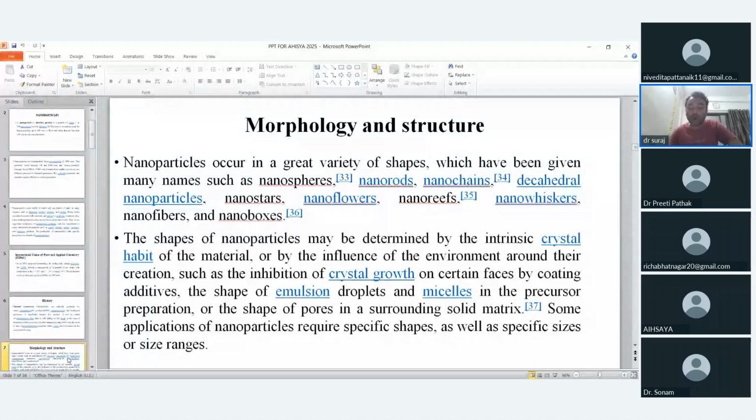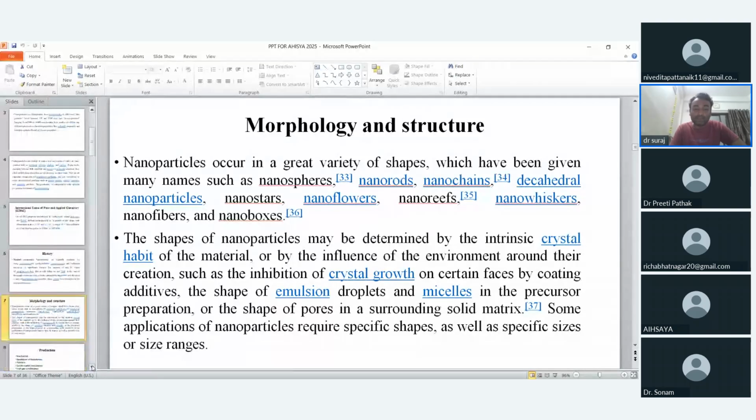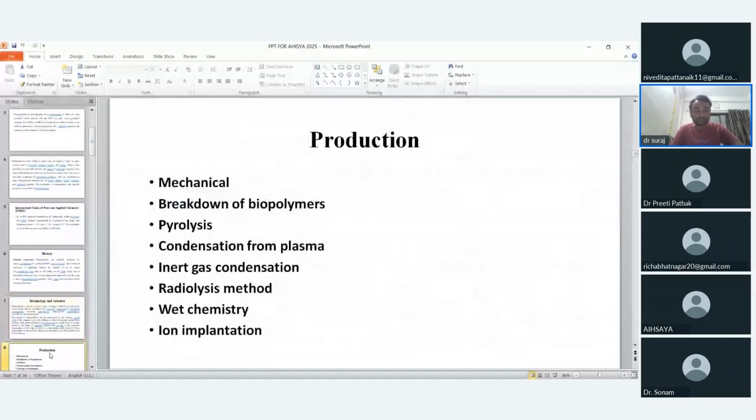Because of that specificity, they have a very strong pharmacological action. Ultimately, why are we preparing this? Because these minute and finest particles show more efficacy as compared to coarse particles. So that's why we are moving towards such minute and microstructure in terms of therapeutic value.